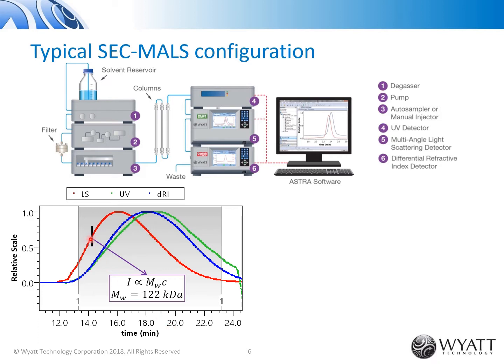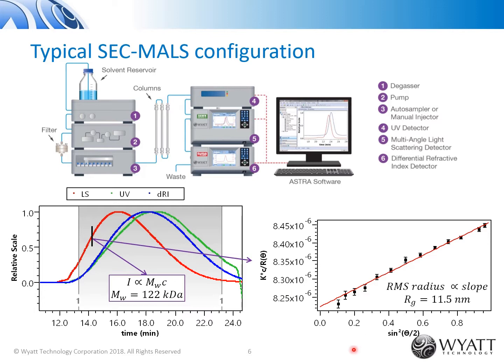This red trace is actually the combination of 18 different light scattering detectors. And so here we see the light scattering intensity as a function of angle. The slope of this line is related to the RMS radius, or here we get 11.5 nanometers. And the intercept is what gives us the molar mass of 122 kilodaltons.